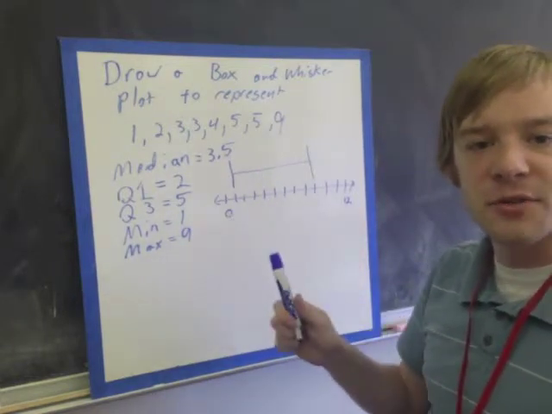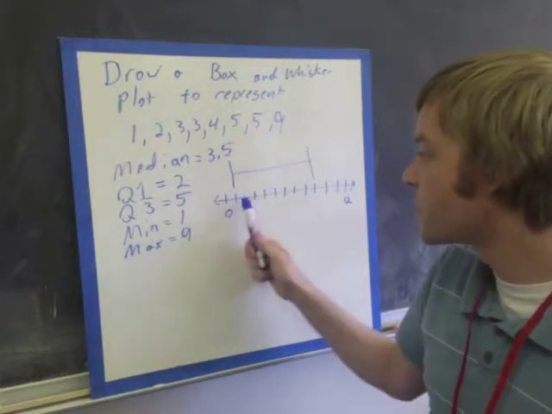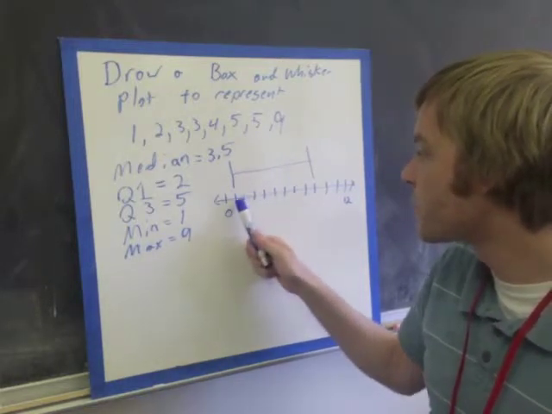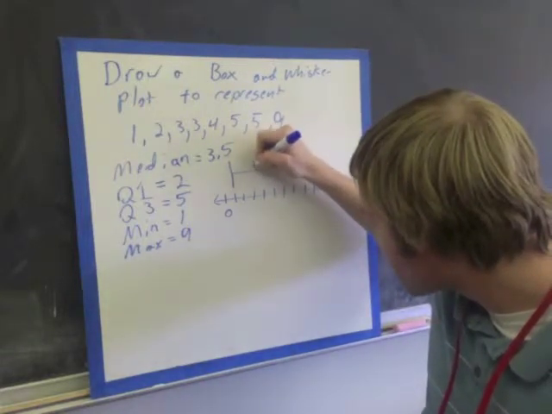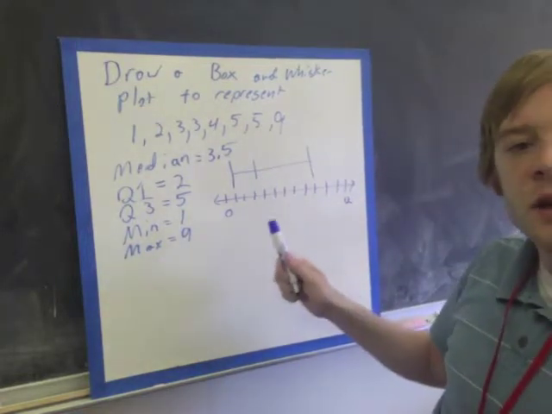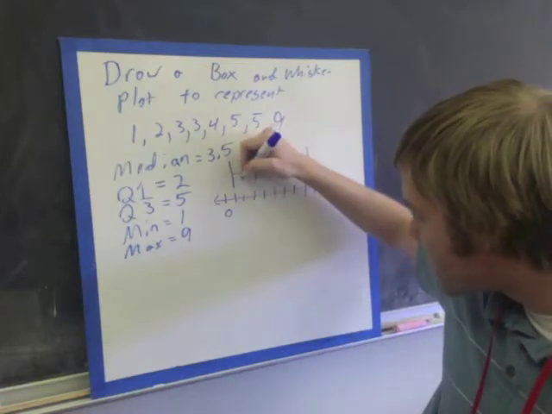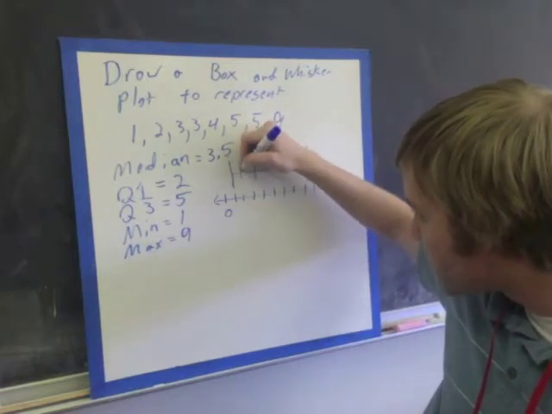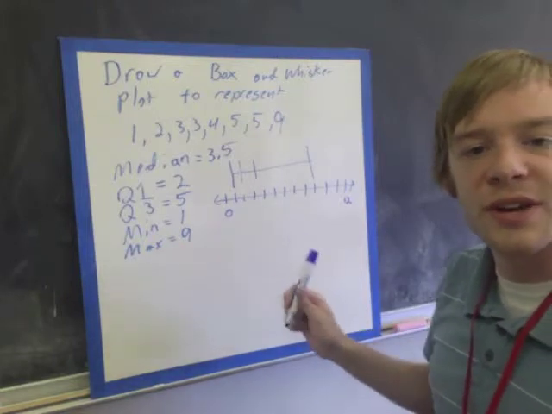Our median is at 3.5, so that's going to be in between 3 and 4. So we have our median right here, and then our first quartile is at 2. And our third quartile is at 5.